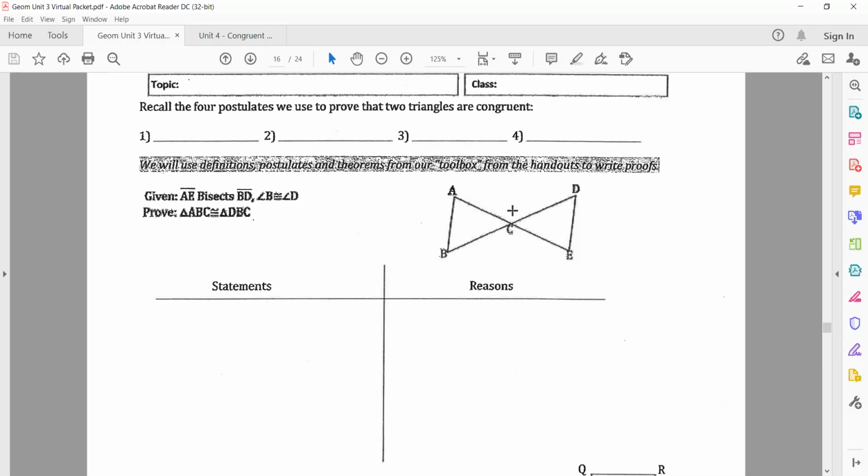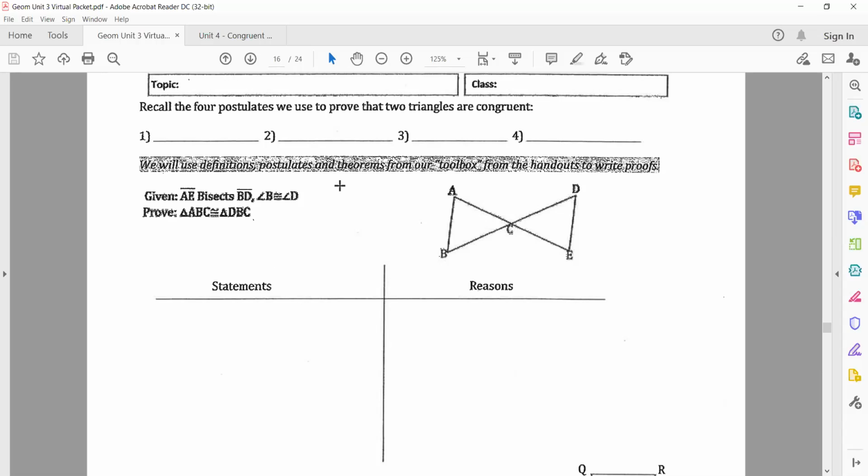Well, here's B and here's D. So now I got an angle and a side on this triangle, and an angle and a side on this triangle. The last thing I'm going to write is angle ACB is congruent to angle DCE. So these two angles right here in the middle are congruent, and the reason I know is because of the definition of vertical angles.